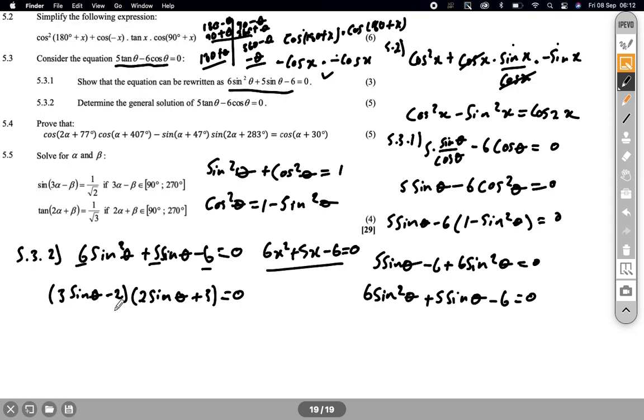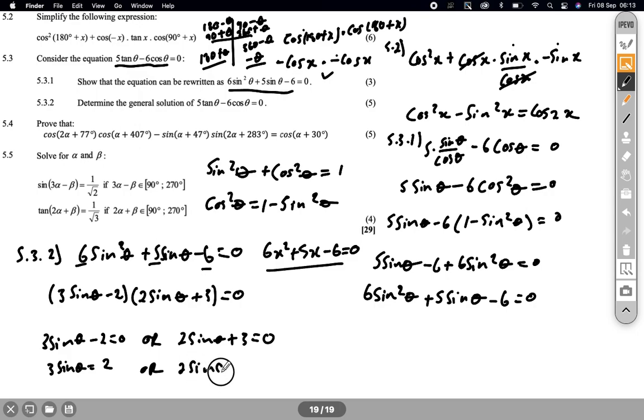Now this bracket equals 0 or this bracket equals 0. So 3 sine theta minus 2 equals 0 or 2 sine theta plus 3 equals 0. Okay, now we're going to have 3 sine theta equals 2 or 2 sine theta equals negative 3.